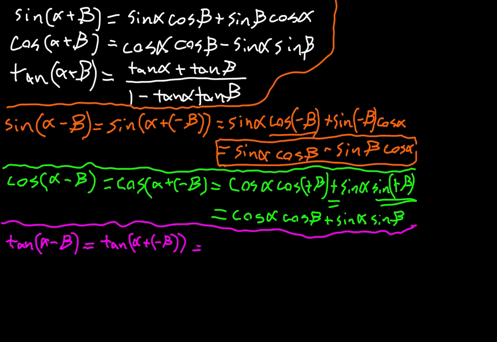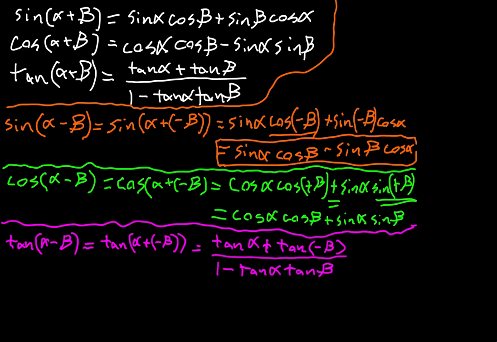So if we plug that into our formula, that's going to be tangent of alpha plus tangent of negative beta divided by 1 minus tangent of alpha times the tangent of beta. Look how nice that is.